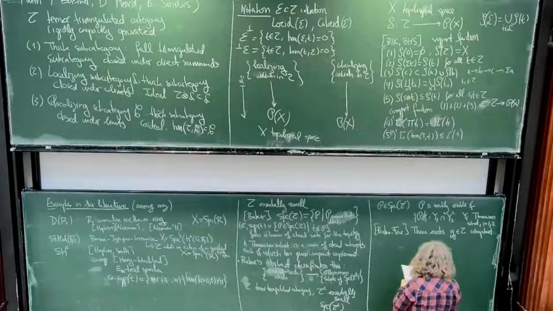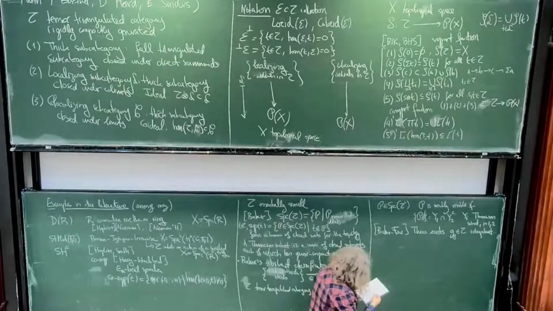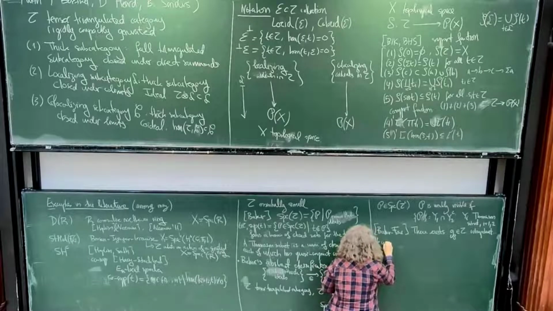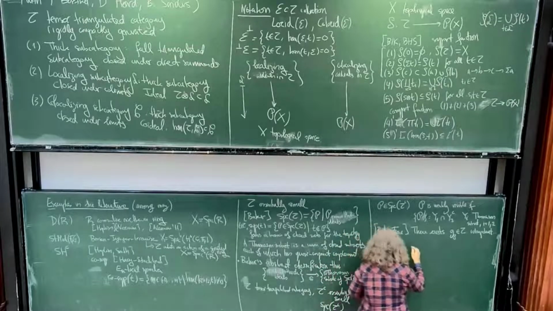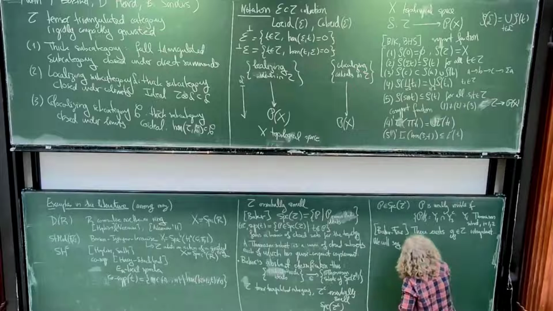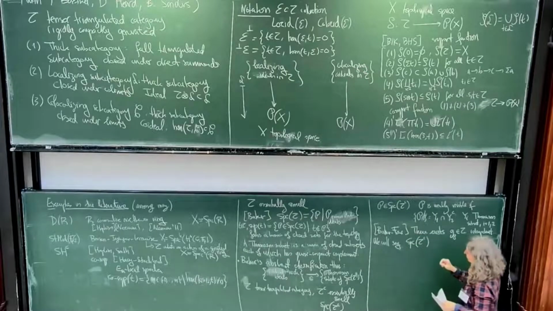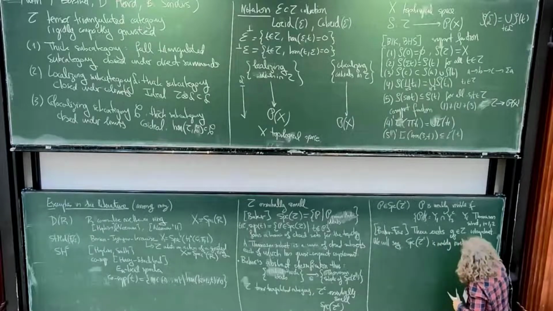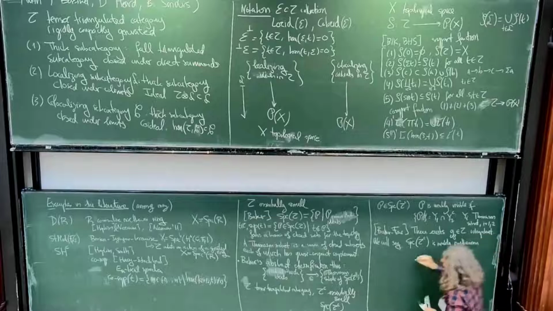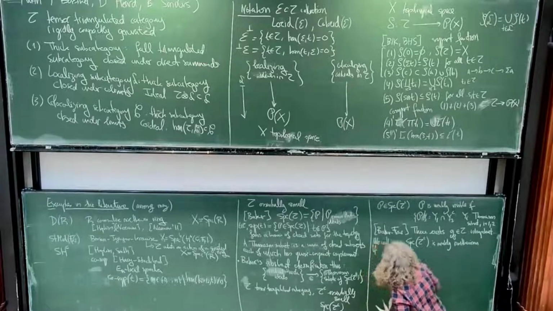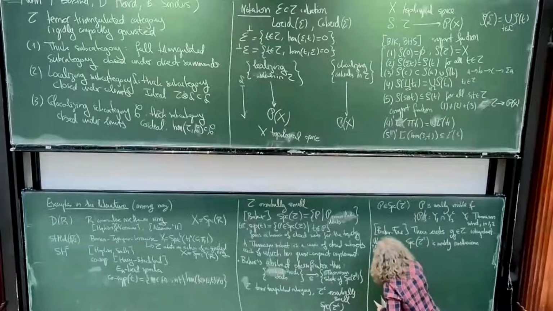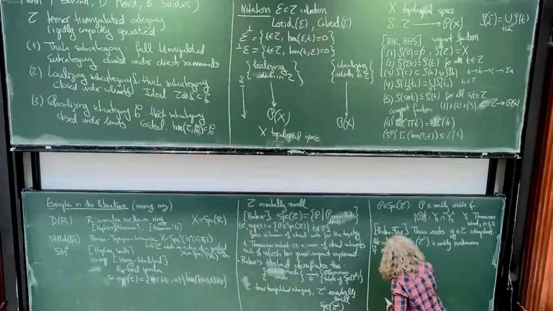And so we will say that this topological space, this spectrum, is weakly Euclidean if each prime is weakly visible.